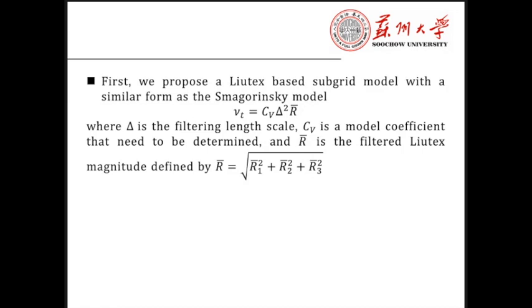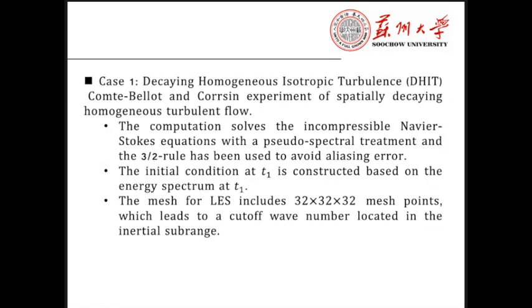Delta is again the filter width. We apply this model to decaying homogeneous isotropic turbulence, to compare with the Comte-Bellot and Corrsin experiment of spatially decaying homogeneous turbulence.